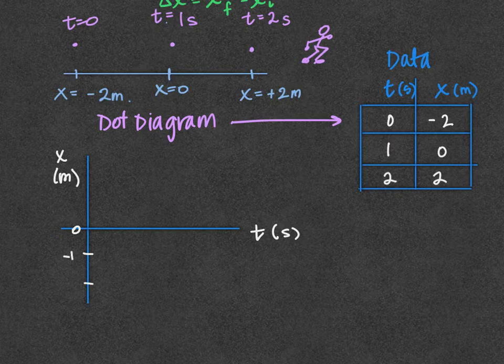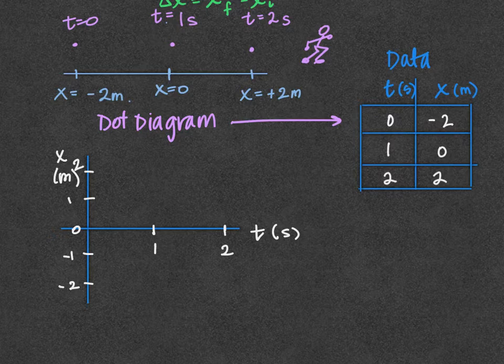So let 0 position be in the middle, and we'll label negative 1, negative 2, and then positive 1, positive 2. Then our time goes from 0 to 2 seconds, so we'll need to include 1 second and a 2 second, equally spaced.